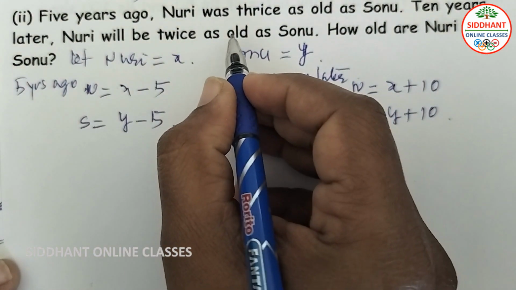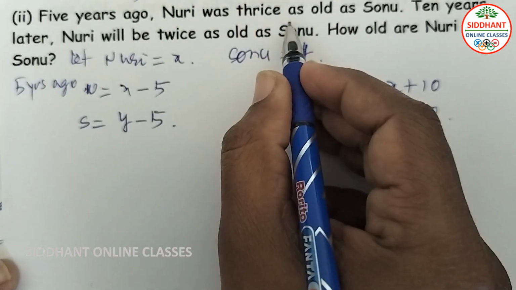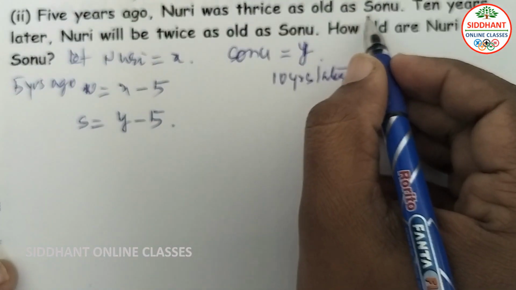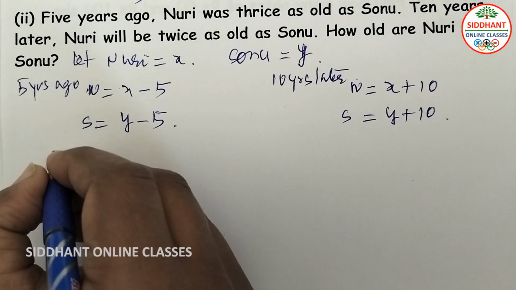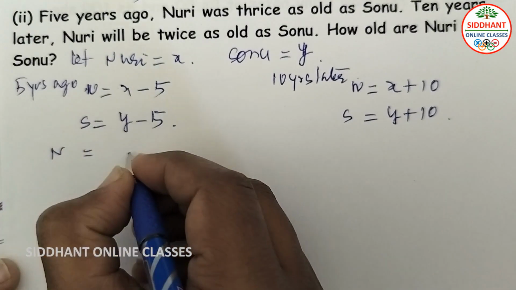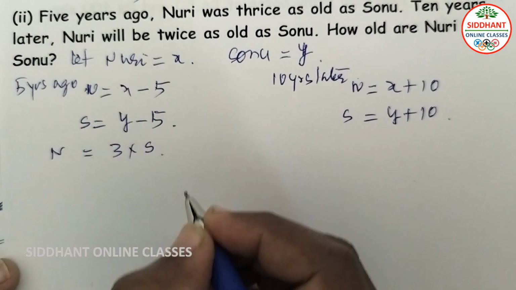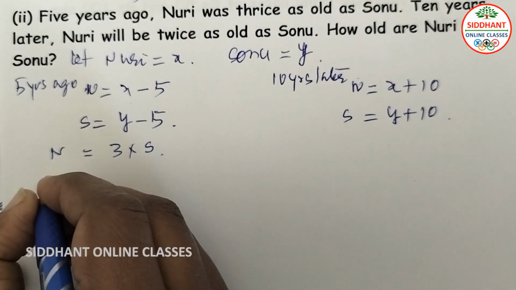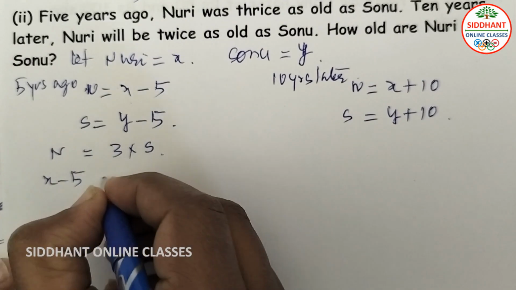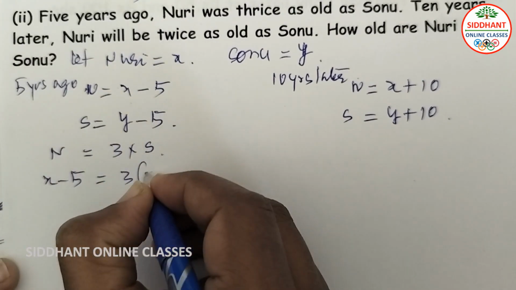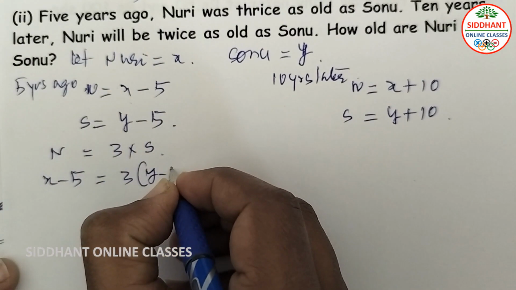Now the condition is given, 5 years ago Nuri will be thrice as old as Sonu. That means Nuri will be 3 into Sonu, that means x minus 5 equal to 3 into y minus 5 here.